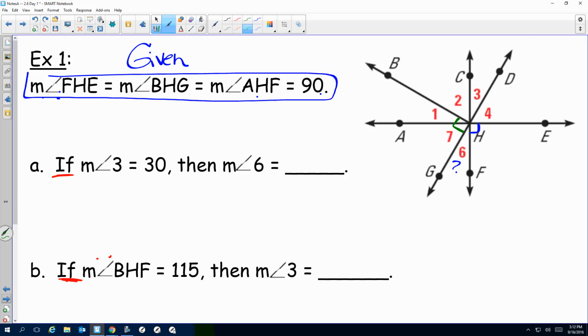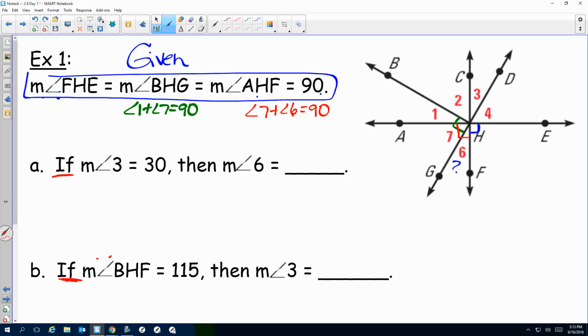Yeah, so for BHG, angle 1 plus angle 7 would be equal to 90 because they're complementary. Then we also have AHF, okay? So if I just kind of trace that, AHF is right there. It also has a pair of complementary angles. So which numbers would go with AHF? Yeah, so I could say angle 7 plus angle 6 also would be 90, okay?